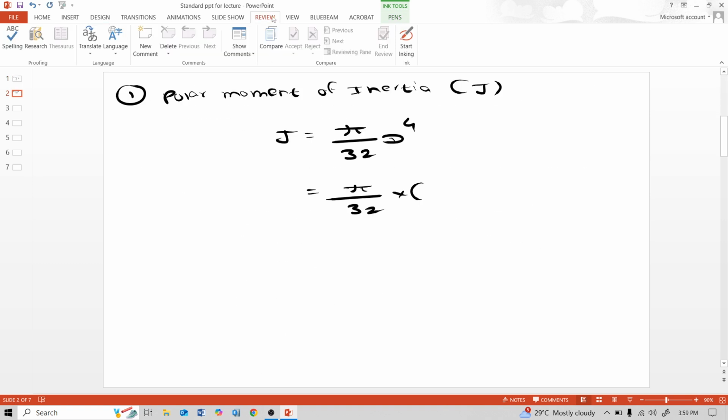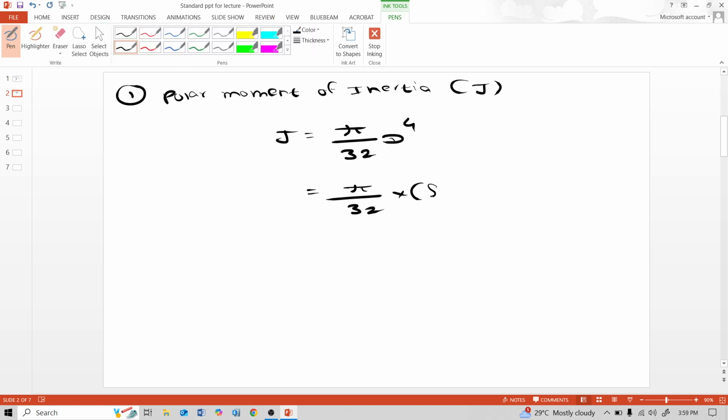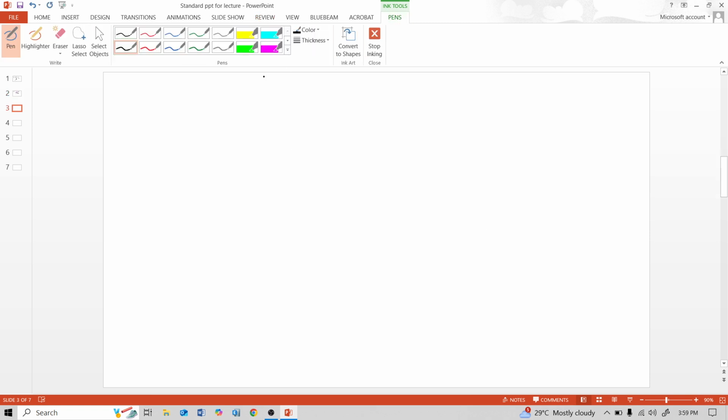Capital D is 80 mm, so 80 raised to 4. So this polar moment of inertia is 4.02 into 10 raised to 6 mm raised to 4.